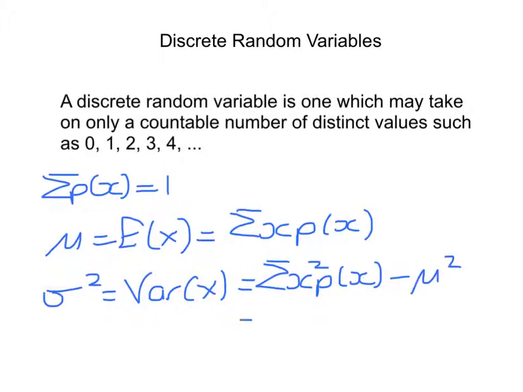You'll sometimes see that written in formula books as the expectation of x squared, so that becomes the sum of x squared p of x, minus the expectation of x, i.e. the mean, all squared.